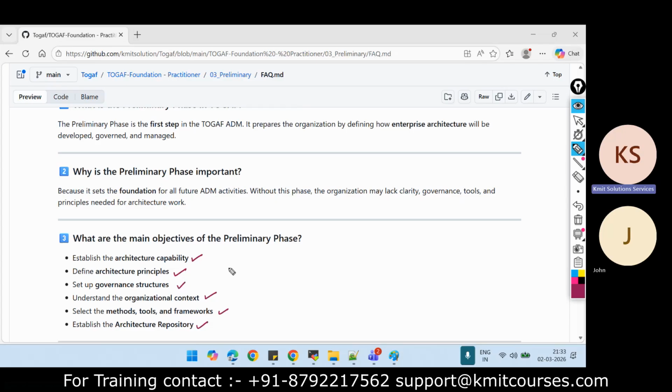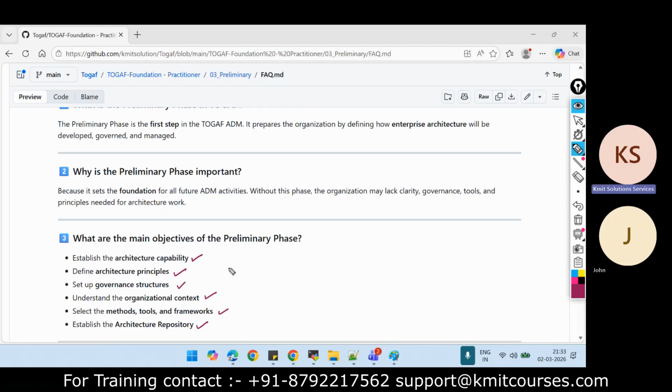Basically, what we are doing is defining the guidelines for our architecture principles. For example, I want to convert my manual work to the digital world. In that case, digital transformation is my architecture principle.